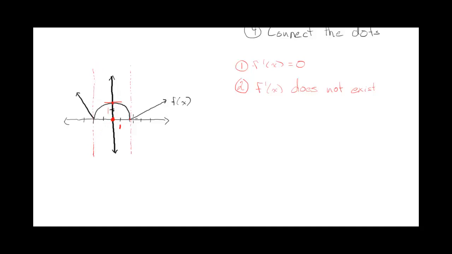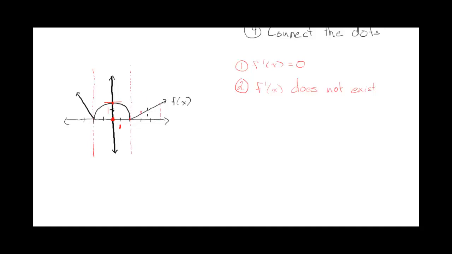Now notice this portion here, this is a straight line, as is this portion. If you have a straight line, the slope of the tangent is easy to determine because it's just the slope of the line. So in this case, I'm going to estimate the slope of the line. So let's see, that's 1, 1 there, and then 2 would be up there.